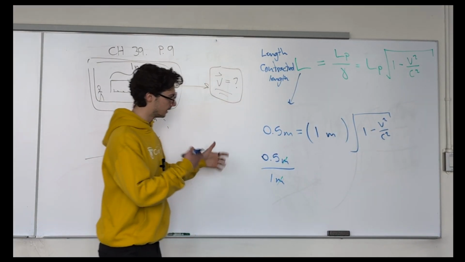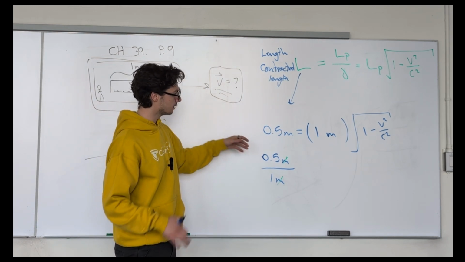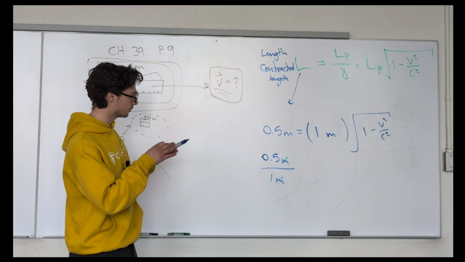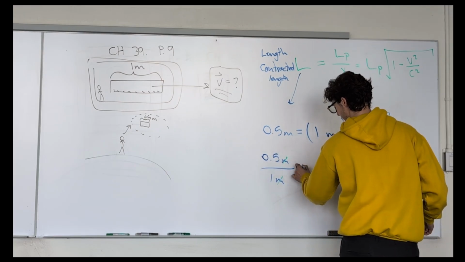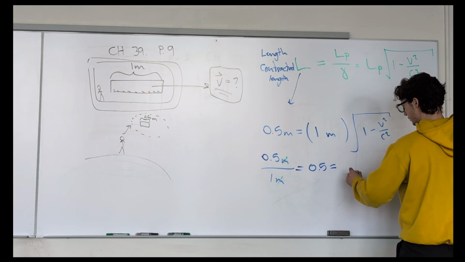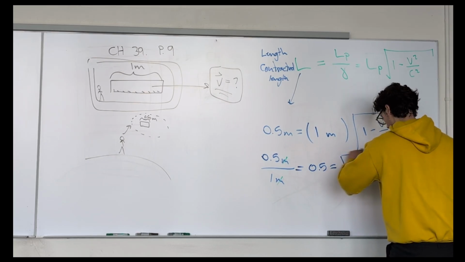So you want to make sure all of the units work out. If over here you get something like meter squared, you know that somewhere down the line you're doing some incorrect algebra. So we get 0.5 divided by 1, which is literally 0.5, unitless. This equals the square root of 1 minus v squared over c squared.